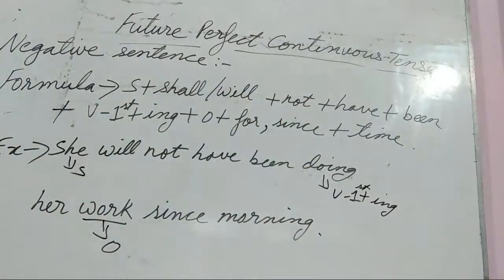So according to the formula, that is subject plus shall or will plus not plus have plus been plus verb of first form plus ing plus object plus for or since plus time, the sentence to it is, she will not have been doing her work since morning.